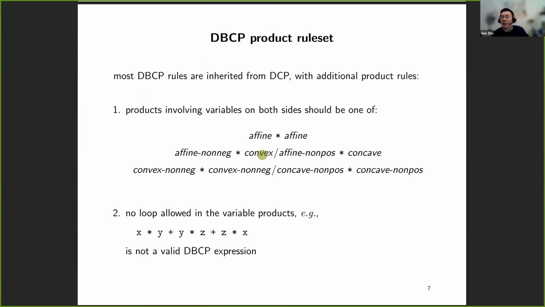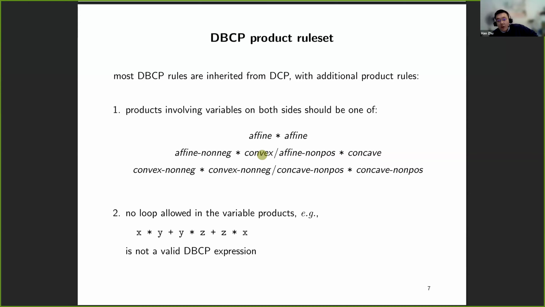Okay, then how do we integrate this into CVXPY? Based on what I've said about the properties of convex functions, we can inherit almost all the rules from DCP, disciplined convex programming. The extension we have is the product rule.